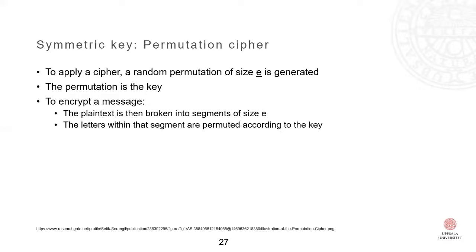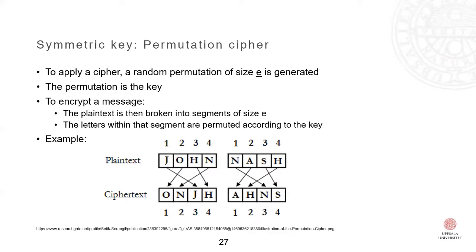So how you do the permutation is actually your key, which is secret, and only you and the receiver must know. Other people don't know, so they don't know how to decode your messages. So you see here, for example, we have a plain text.